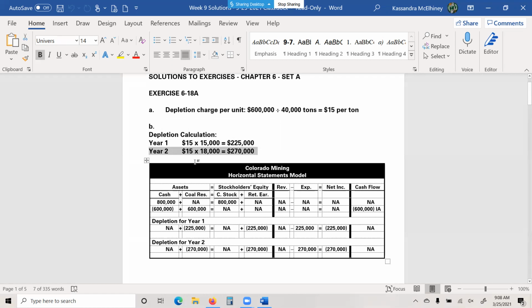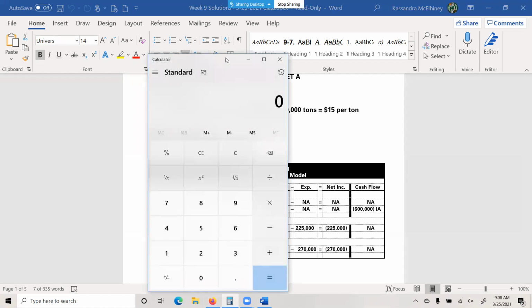Multiply the two together, gives us a total depletion for year two of $270,000. So same entry as year one, just different figures: $270,000 reduction in coal reserves, $270,000 of depletion.